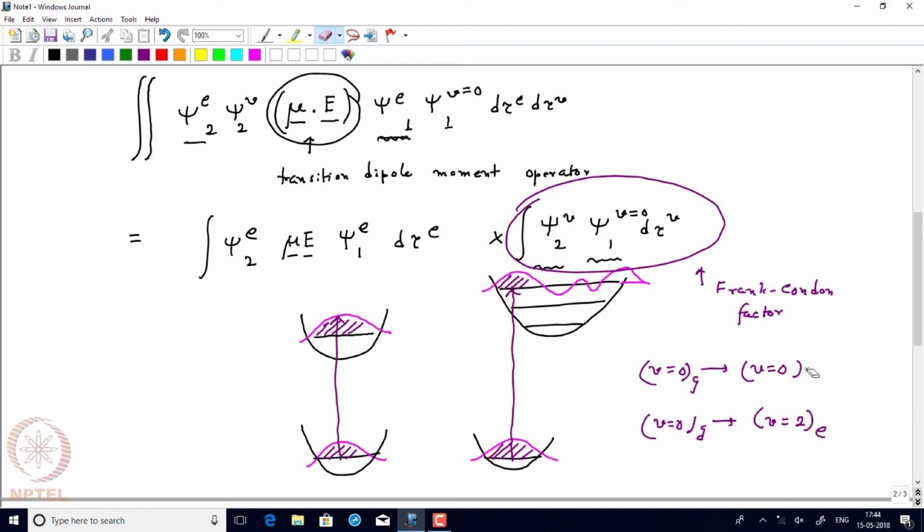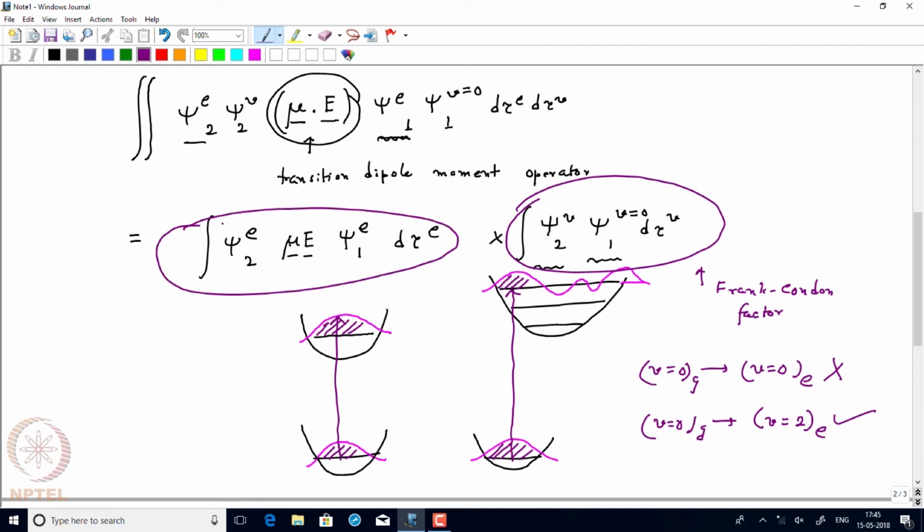So which means I will have a more Franck-Condon factor for this state than this state. So this transition will be more stronger. Now how these transitions will look like, that we are going to draw, but before that let us have a quick discussion on this part.